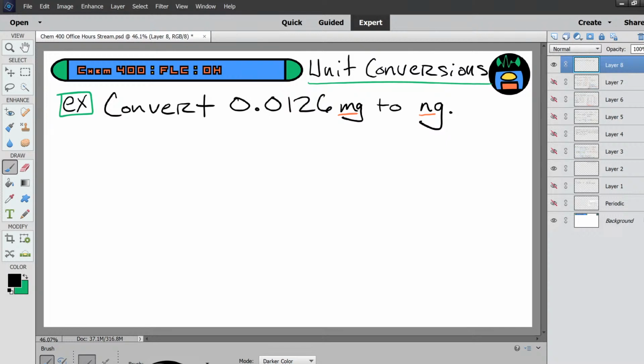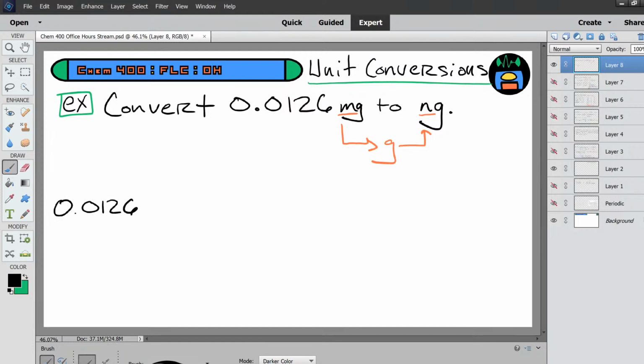In a problem where you're going from one modified unit to another, you're going to have to do this in two chunks. We are going to have to take our milligrams, convert it to grams, and then, once we're in grams, take our grams and convert to nanograms, all right? So this is going to be a two-step unit conversion.